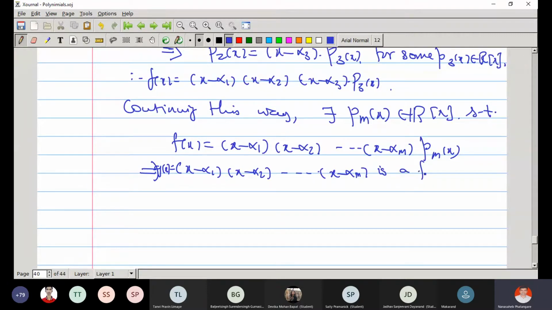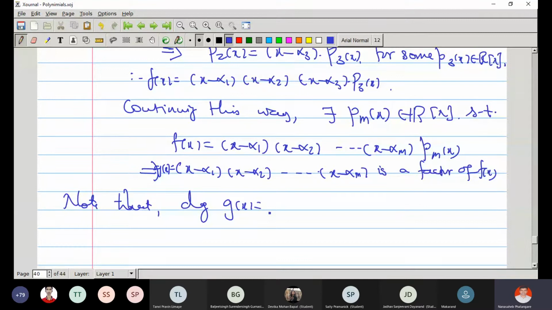So note here that degree of g(x) is m and m is less than or equal to degree of f(x). Okay, so the proof is clear now.